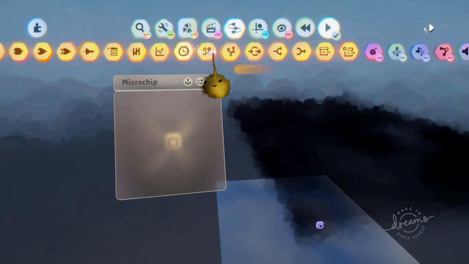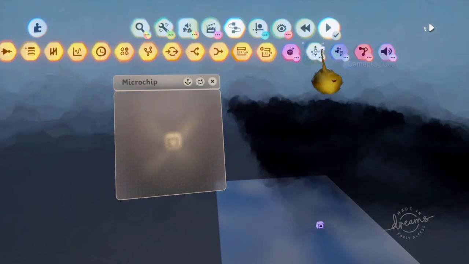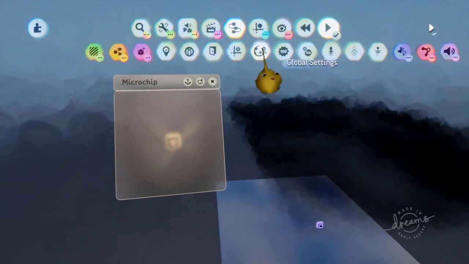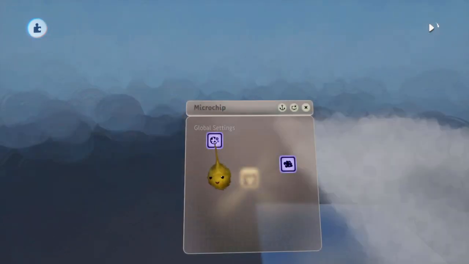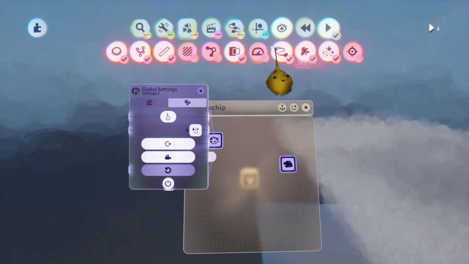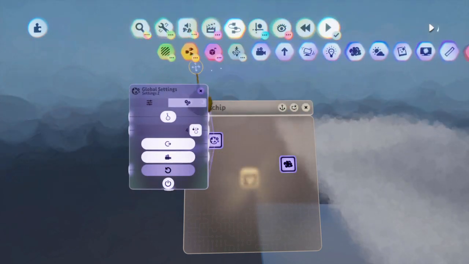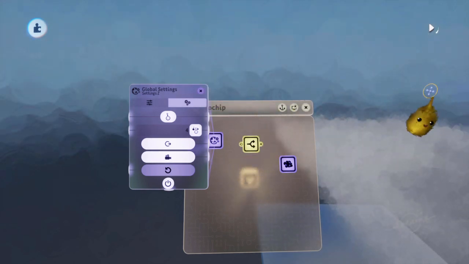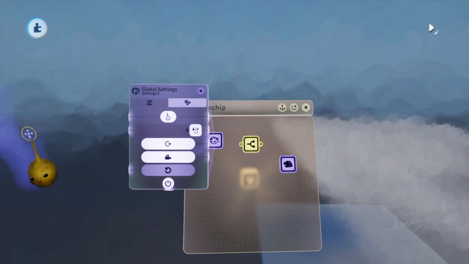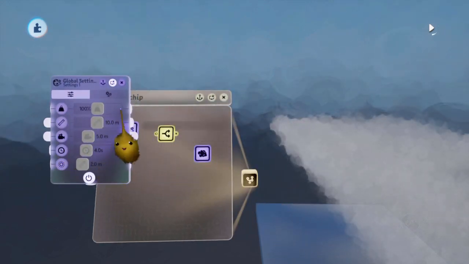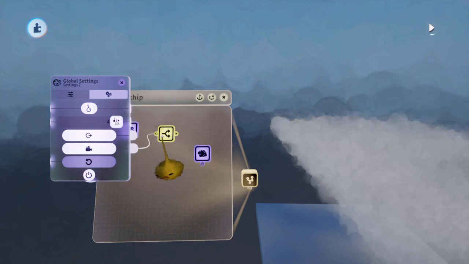So what I had was, from the global settings and the camera transform, if you grab a splitter, then we can put the camera transform into there.